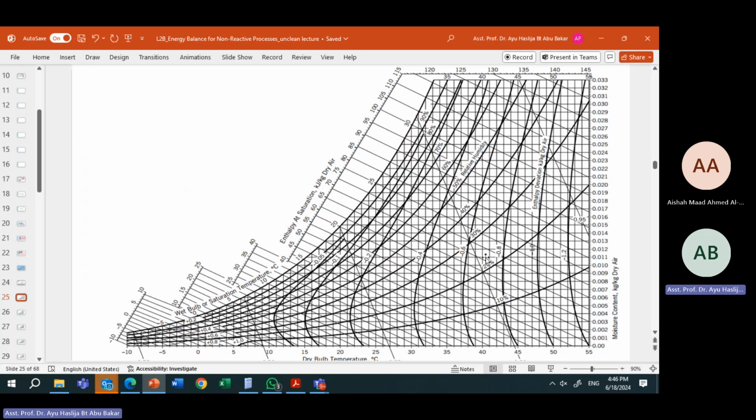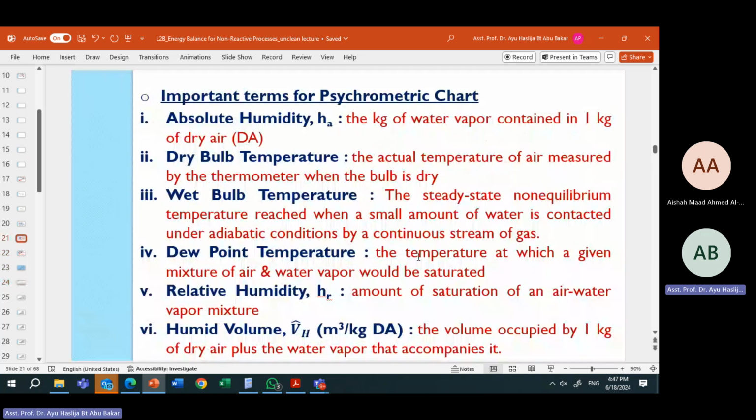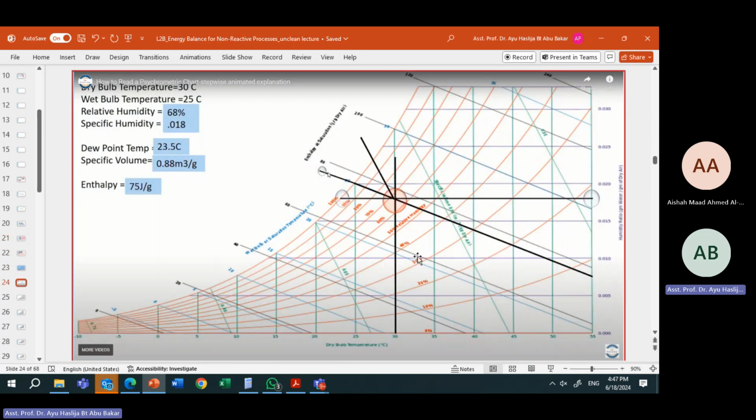This is the chart. This one will be given in your final exam and test, so you should know how to use it. These are a few terms of the chart. We have absolute humidity, which just now is the y-axis.